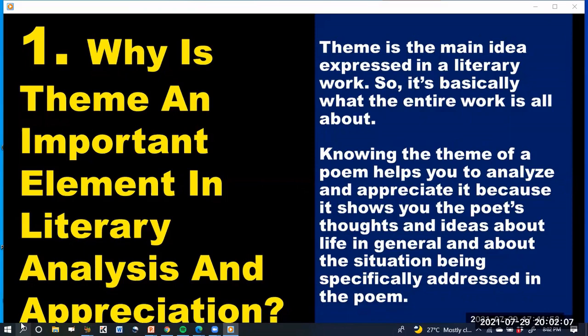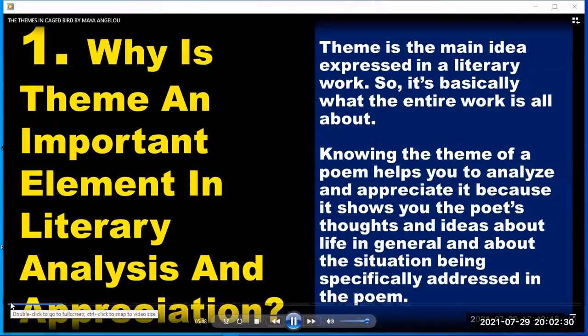So the themes of this poem will give us insight into Maya's thoughts and ideas about the situation facing the African American of that particular period.